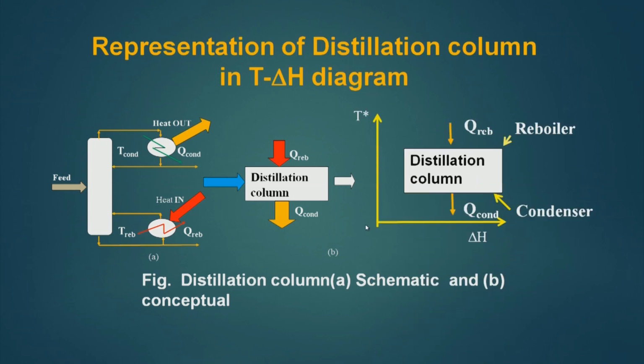This can be further shown in a TH diagram like this. This is a box distillation column, this is the reboiler temperature in the temperature axis here, and this is the temperature of the condenser in the T star axis, the shifted temperature, and Q reboiler enters into this and Q condenser goes out.